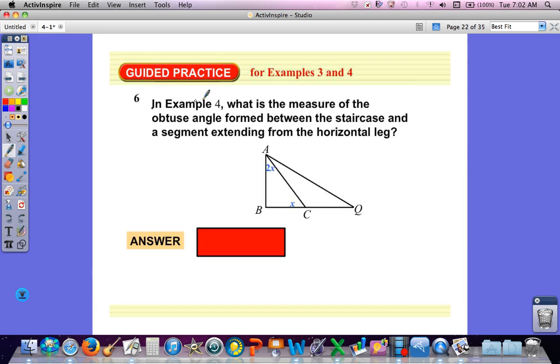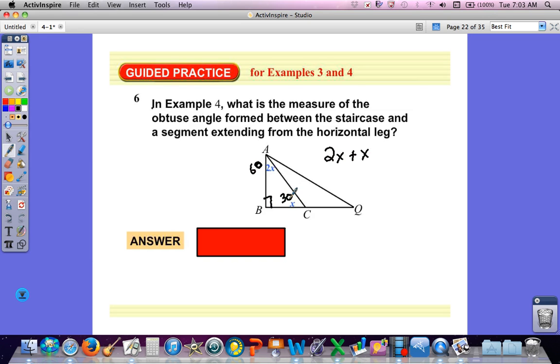Okay, an example. This one is not on the guided practice, so I'm going to go through it now. We'll also try to do it in class. In example 4, what is the measure of the obtuse angle formed between the staircase and a segment resulting from the horizontal leg? So if this is 90 degrees, 2X plus X, we found that this was 30 and this was 60.